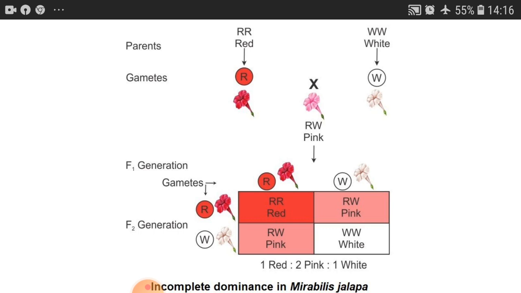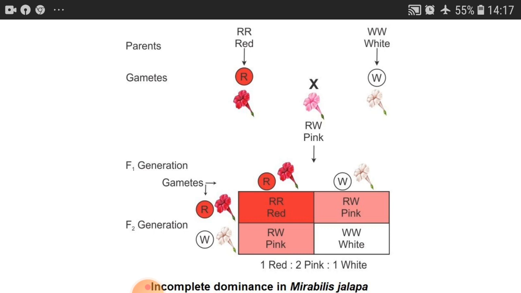So the focus gene here is the color, red and white. But when they are crossed, they yield hybrid plants with pink flowers in the F1 generation. Normally this is not expected. Red and white flowers give rise to pink.